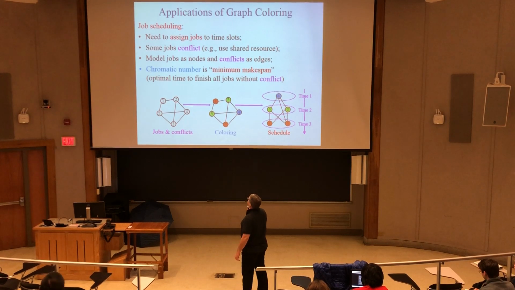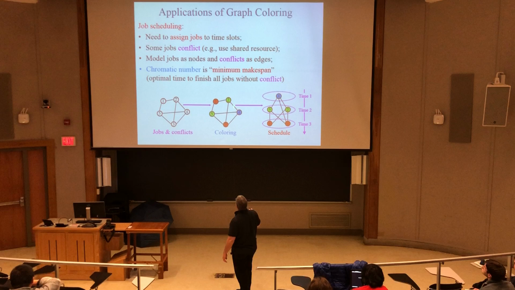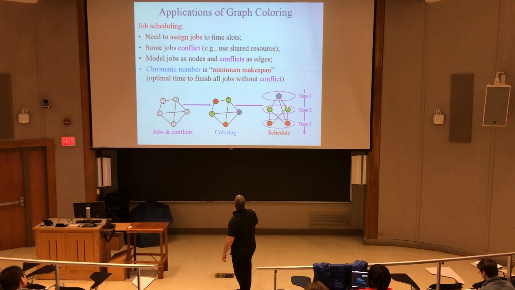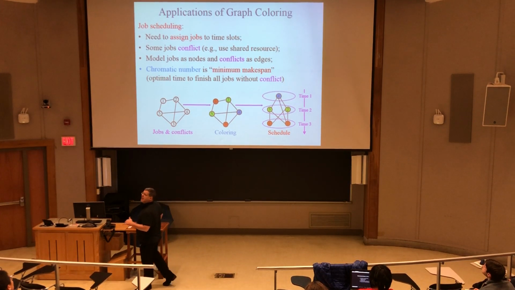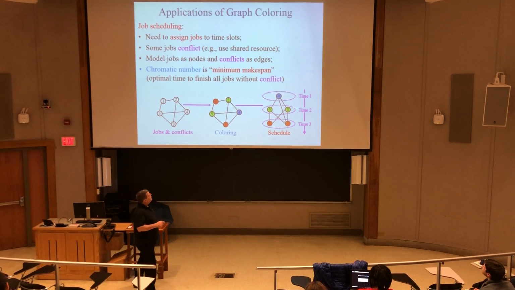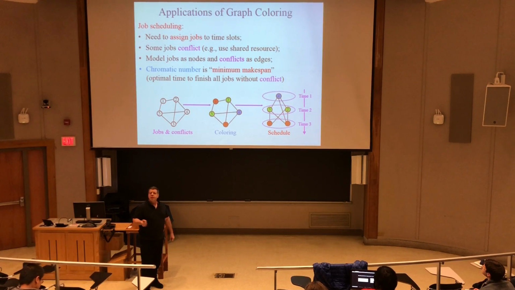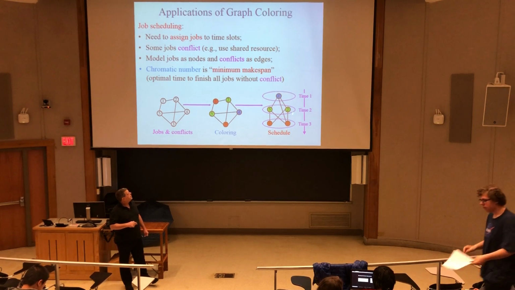So you can model jobs as nodes and conflicts or precedence constraints as edges, and then whether a job can be accomplished in some minimum number of steps or phases is equivalent to graph coloring, because you can color nodes that don't have any conflicts between them using the same color, since they're not neighbors in the graph, and so on.